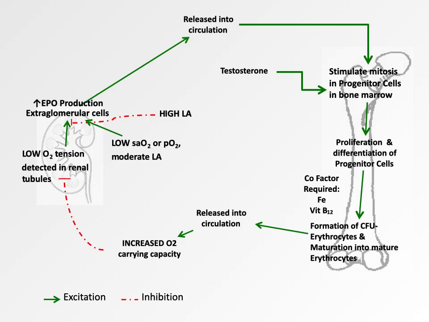This leads to the increase of EPO. Note how we have this inhibitory signal coming from high lactic acid. This inhibitory signal from high lactic acid is due to that differential response from either the hypoxic condition due to stress versus the hypoxic condition due to the environment.